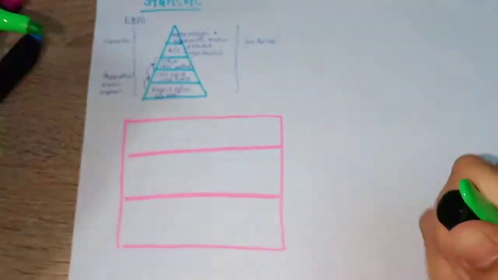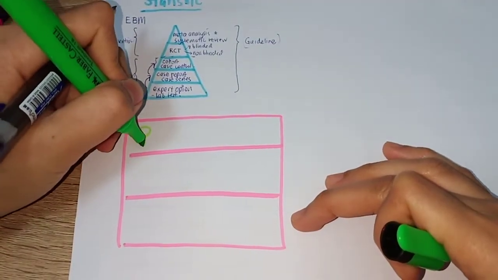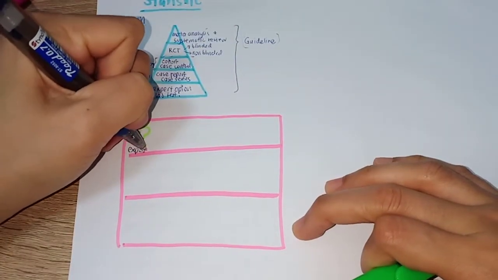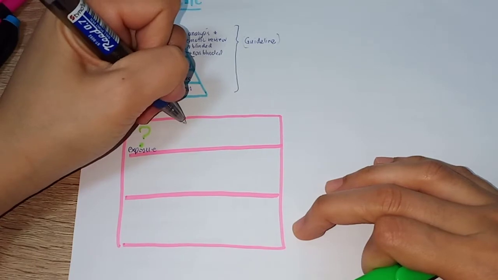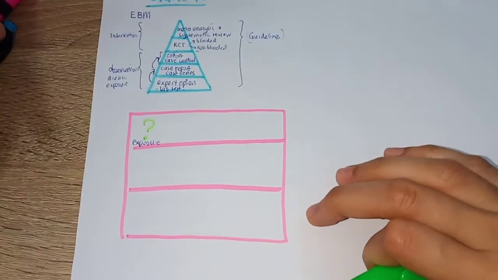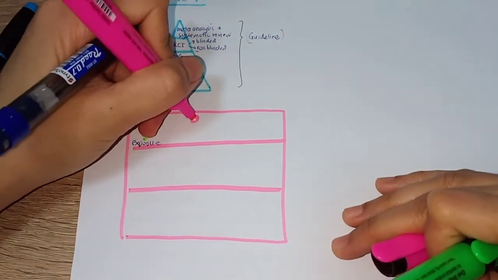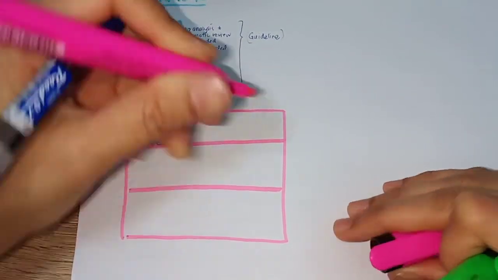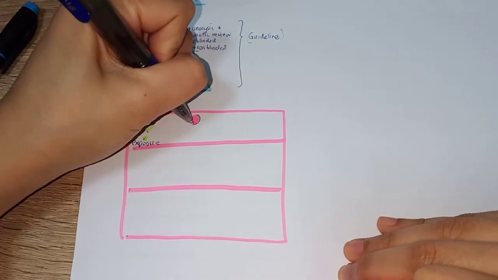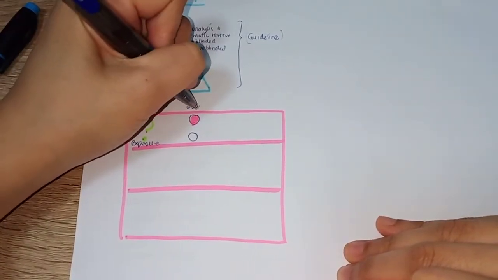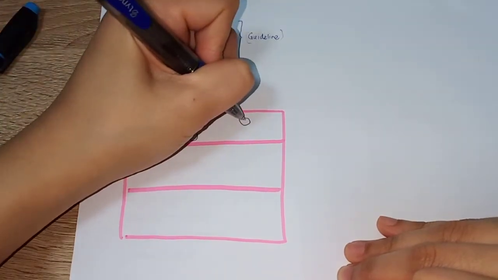So this is your clinical question. For example, you have cervical CA: a patient with CA, and a patient without CA. So you have patients with disease and without disease. This is CA, this is not CA. So you know about the disease already.